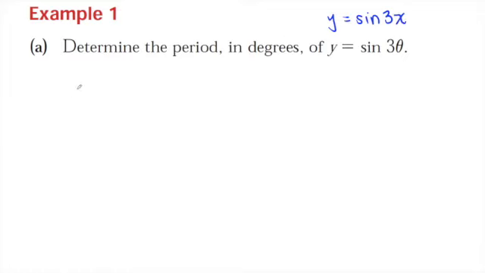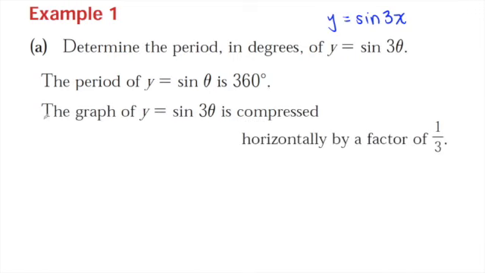So we know that our regular period for y equals sine theta is 360 degrees. Every sine graph without being transformed is going to be 360 degrees, right? And then we know that y equals sine 3 theta is compressed horizontally by a factor of 1/3 because we are dividing by 3. So we're going to take 360 and divide it by 3.